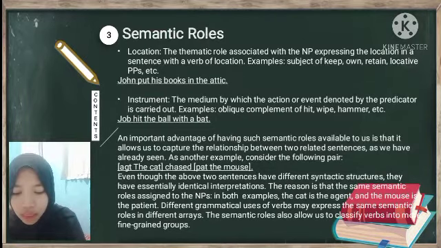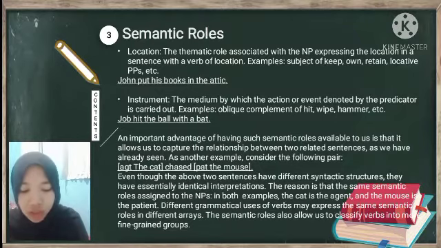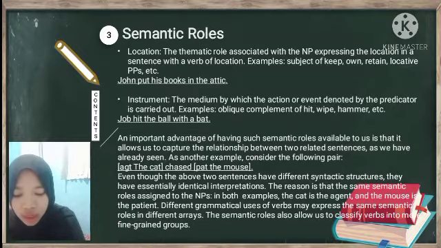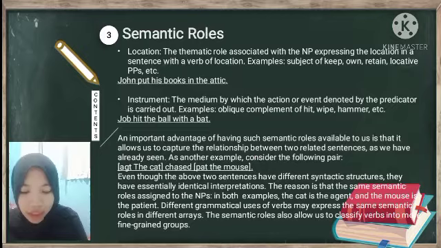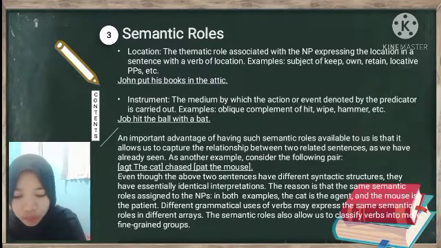Even though the two sentences have different syntactic structures, they have essentially identical interpretation. The reason is that the same semantic roles are assigned to the noun phrases. In both examples, the cat is the agent and the mouse is the patient. Different grammatical uses of verbs may express the same semantic roles in different ways.